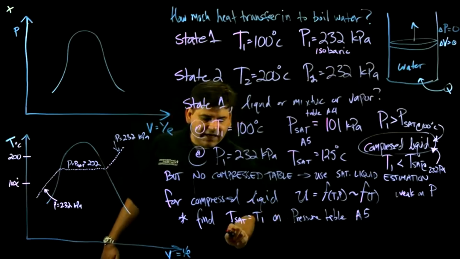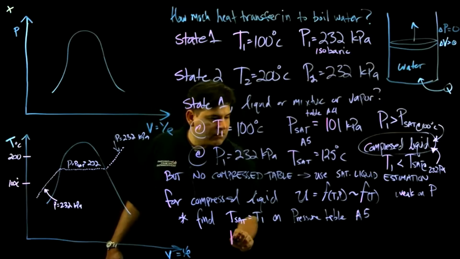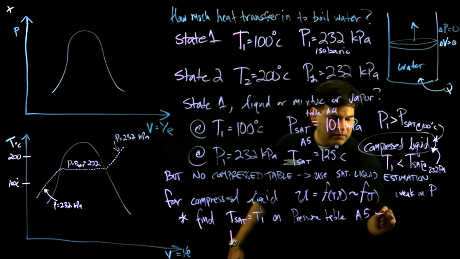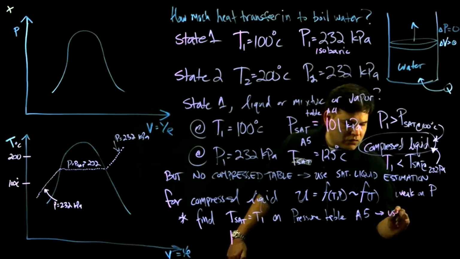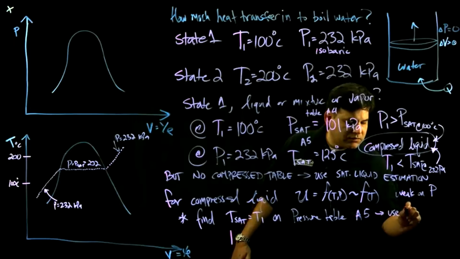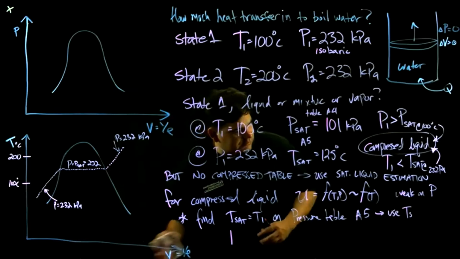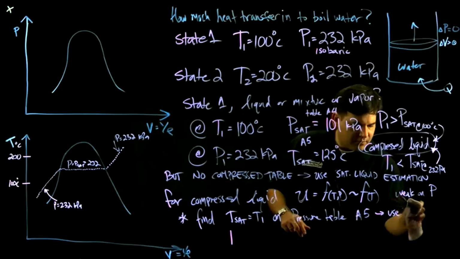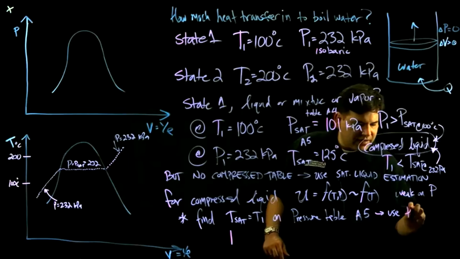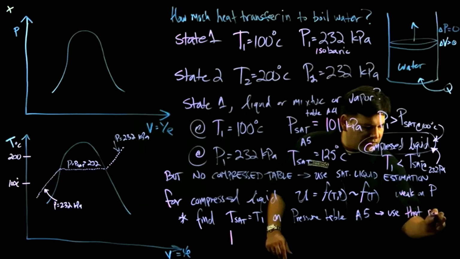so for T sat, use those values. Use that row of values.